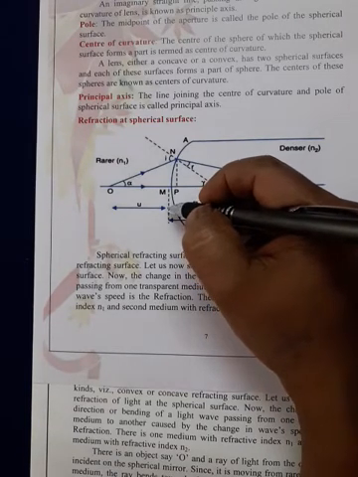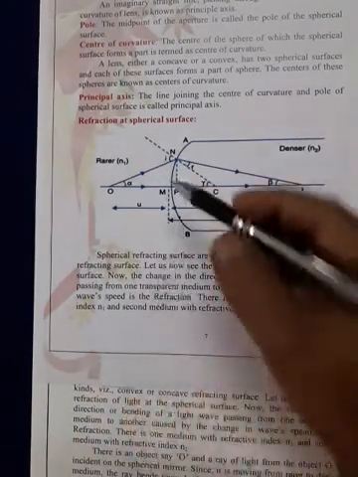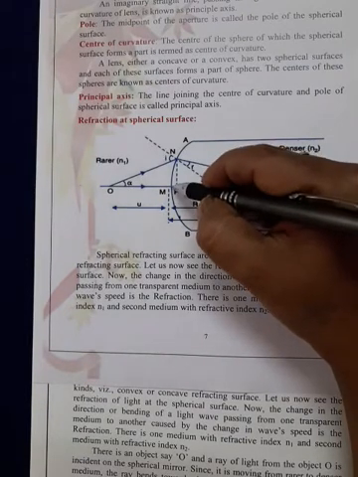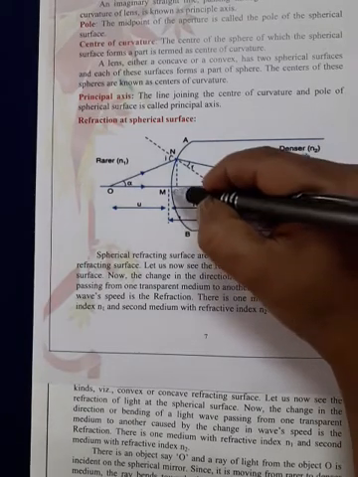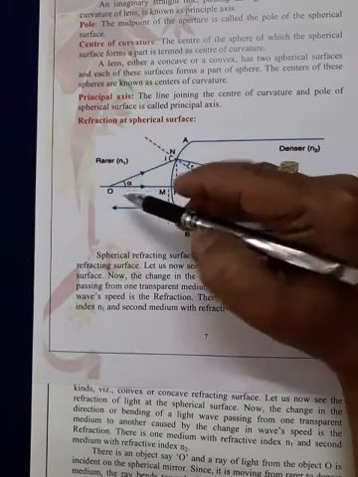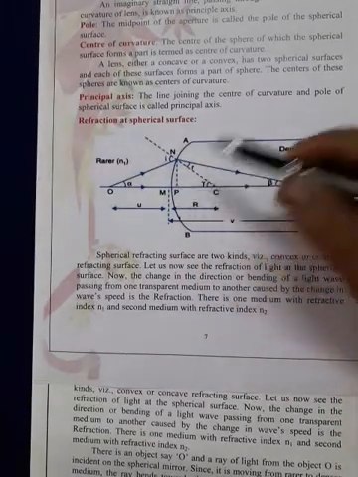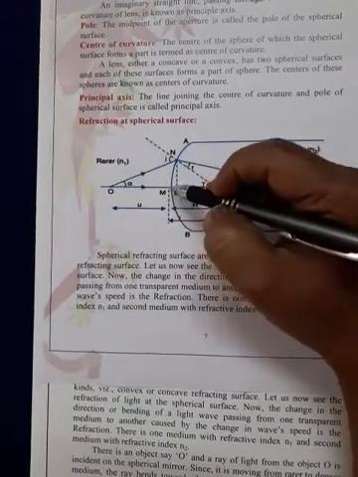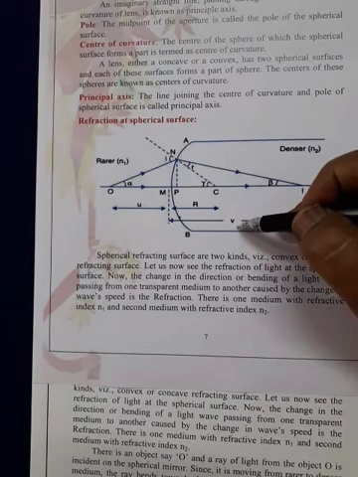N2 is the refractive index. Consider this line from the pole: the distance from this point to O is U, called the object distance, and the distance from this point to the image is V, called the image distance.